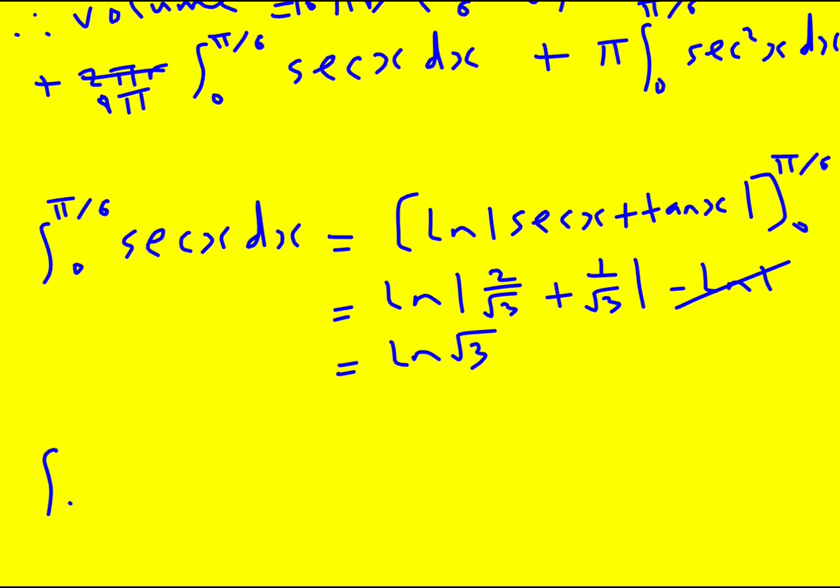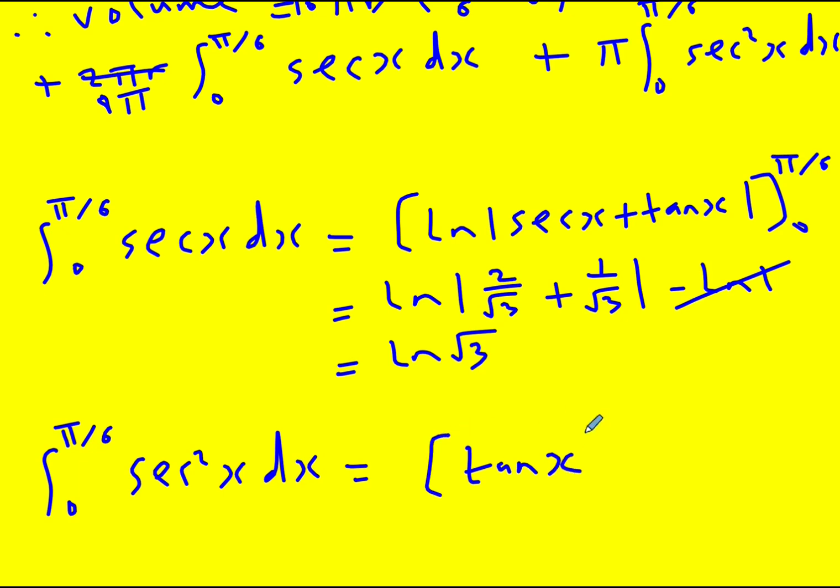Okay, I also need to work out the integral from 0 to pi over 6 of sec squared x. And that is actually tan x, which gives me, just like before, 1 over root 3.